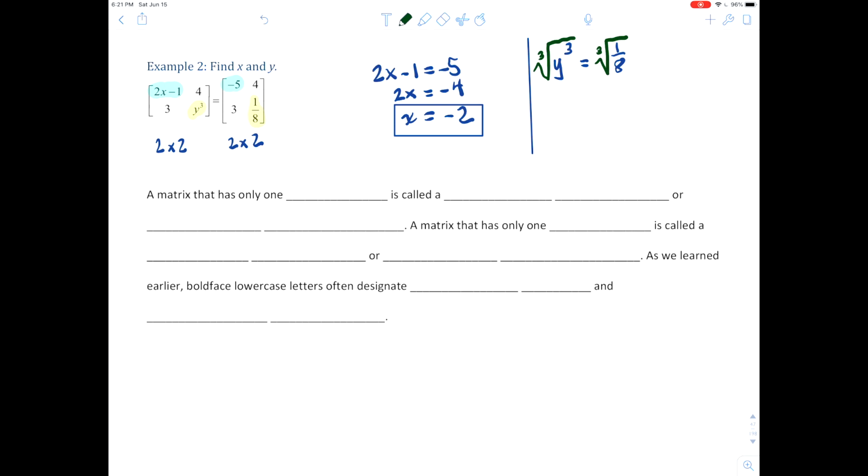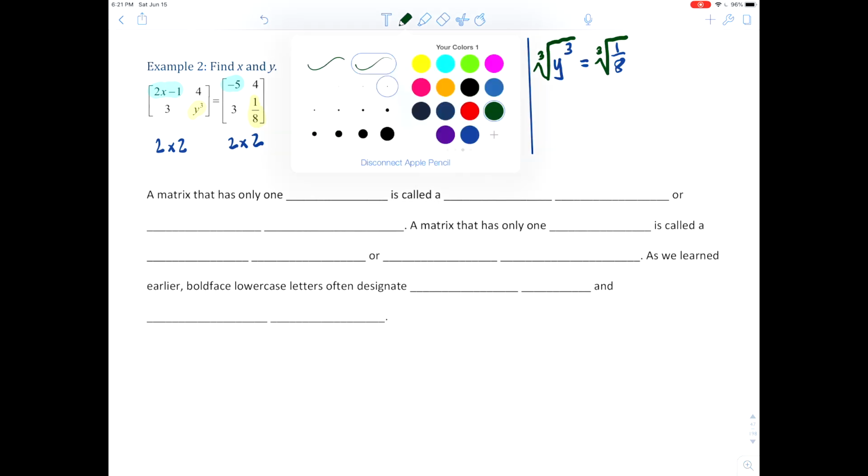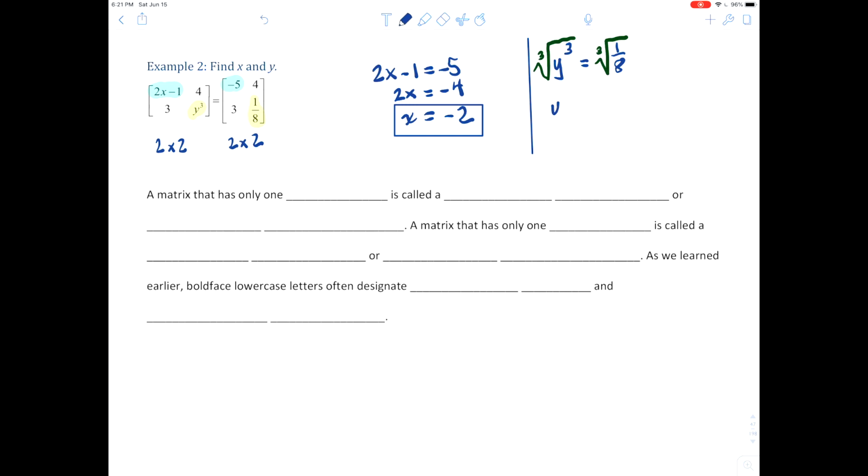You're multiplying something by itself an odd number of times. So let's see what happens. This will give us y, and y will equal, well, 1/2 cubed is 1/8, so we'll just get 1/2. And then that's our answer. Good?